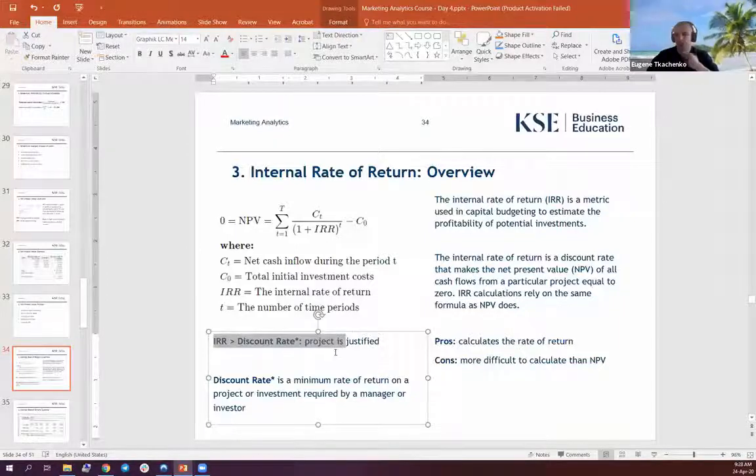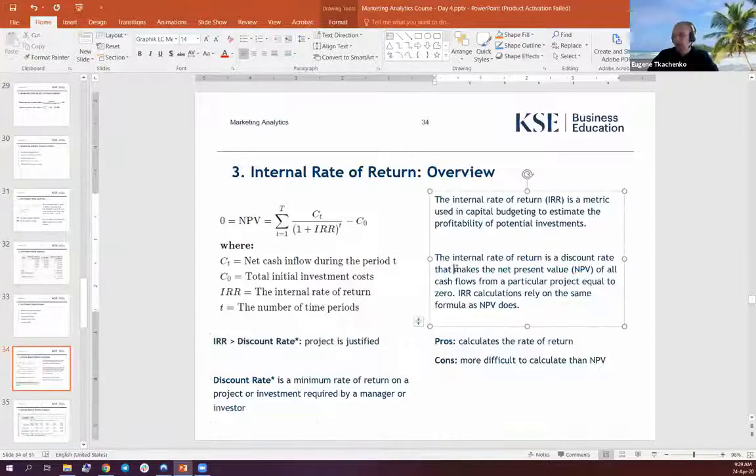Only then do you launch the project. Because if it's something overarching or a very high target, which is impossible to achieve, the entire forecast and everything you do associated with it will fall apart. So you always need to make sure that the internal rate of return is higher than the discount rate.